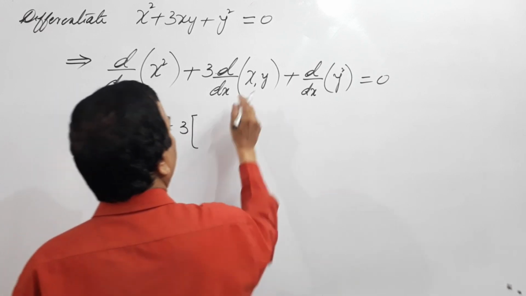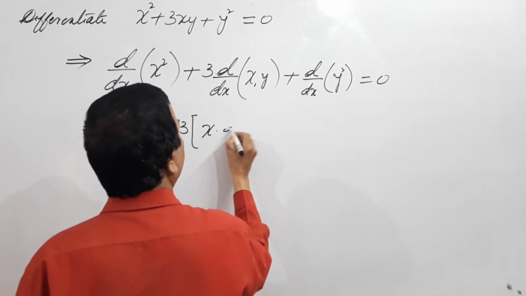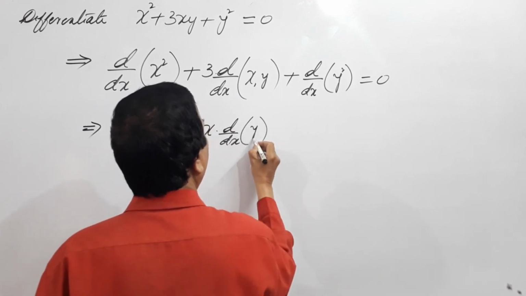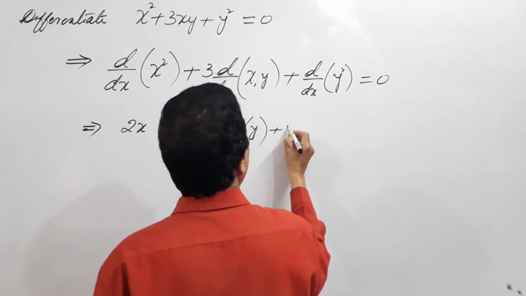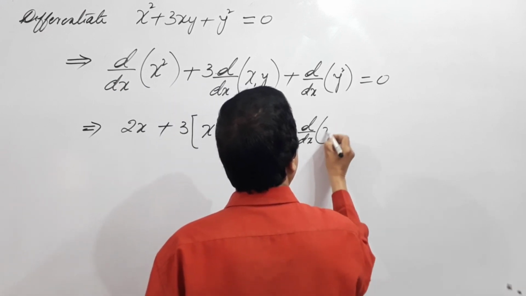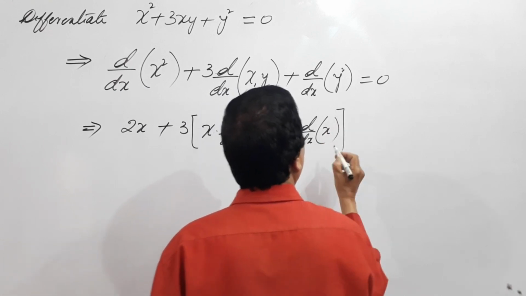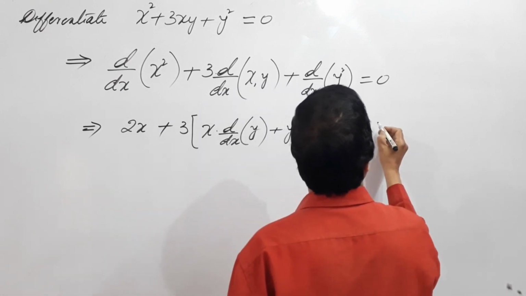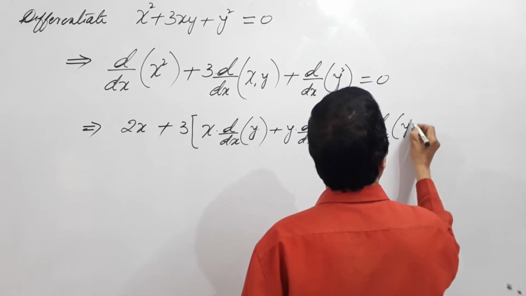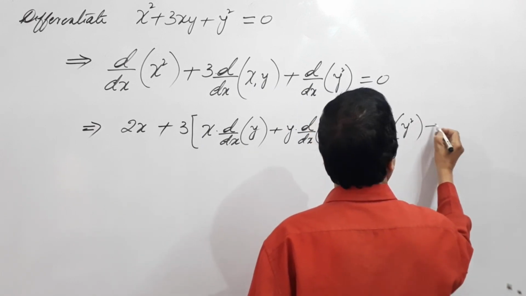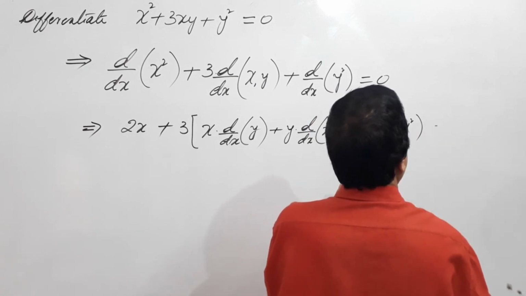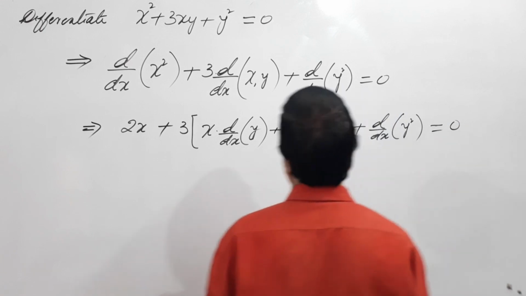This becomes product rule: x into d by dx of y plus y into d by dx of x, plus d by dx of y square equals 0.